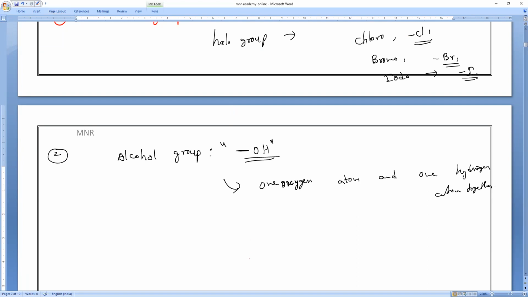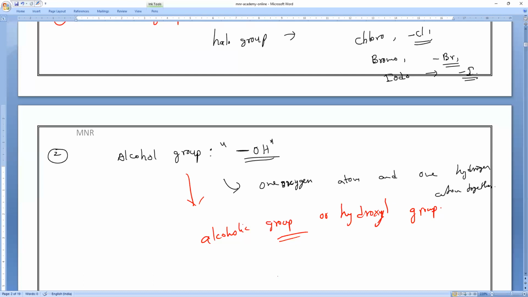Alcohol group. Basically, we can also call it an alcoholic group, or we can say hydroxyl group. Please note it, never get confused. So the alcoholic group can also be called the hydroxyl group.